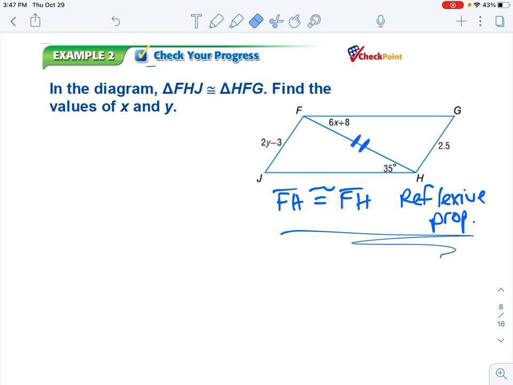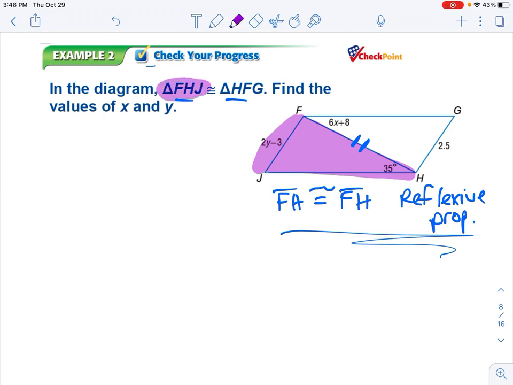Okay? Let's go ahead. We need to find the values of X and Y. It's kind of hard also when they're together like this to know what angle these guys are referring to, because angle F could really technically refer to 2 and angle H could refer to 2 as well. So I'm going to highlight my one triangle.